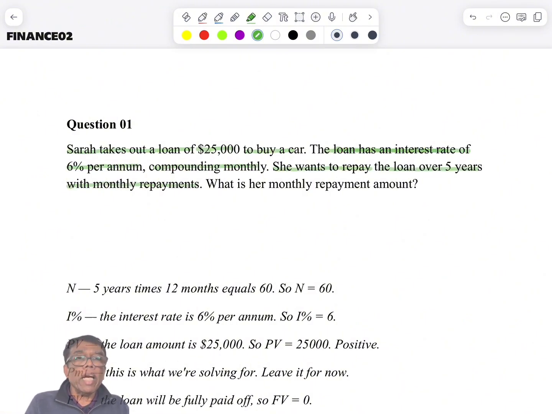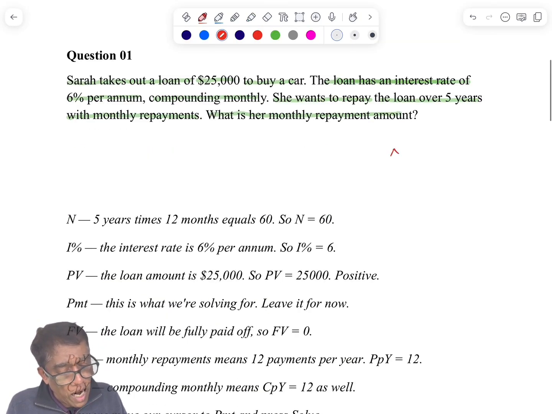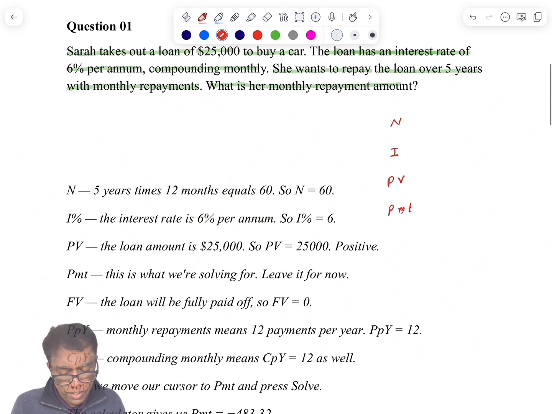Alright, let's set up the financial solver. N, I, PV, PMT, FV, PPY, CPY.